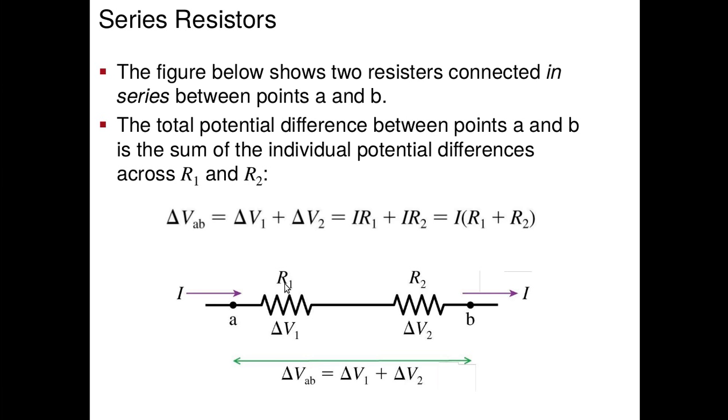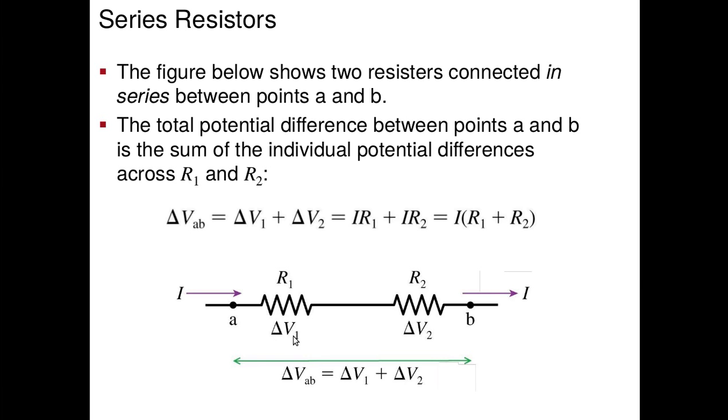Now let's say we gave them different resistances, R1 and R2. We're going to use Ohm's law and Kirchhoff's loop rule, excuse me, and that is the voltage supplied by the battery, the potential difference supplied by the battery, let's say I had a battery connected at points A and B, is going to be equal to the sum of the voltage drops across the two resistors.